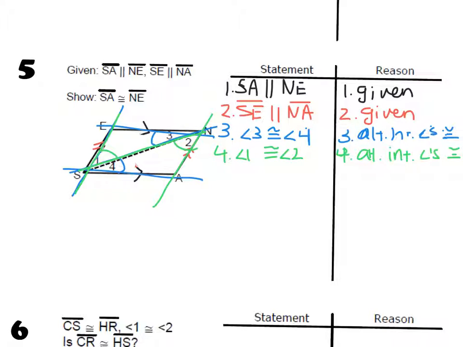I need to get a side because I have to have a side to prove that they're congruent. And lucky for us, SN is in both of those triangles. So I can say SN is congruent to SN because it's the same side or because of the reflexive property.